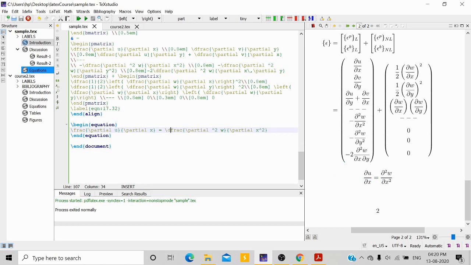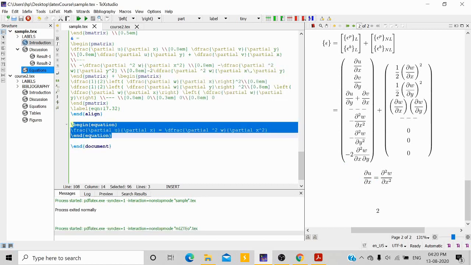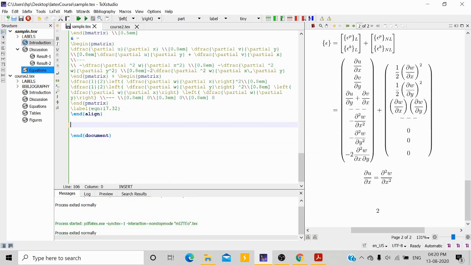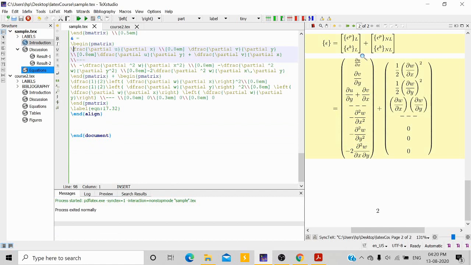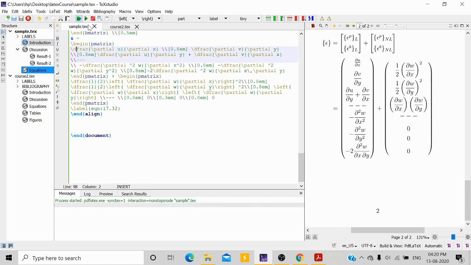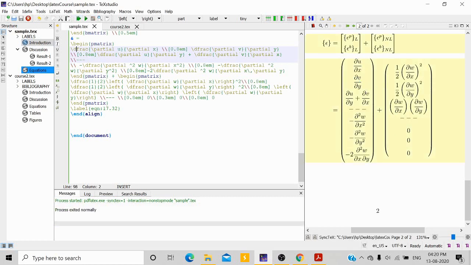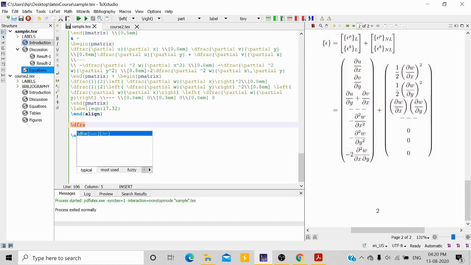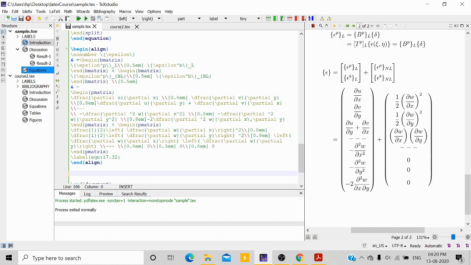Sometimes when you write this, let me show you here. If I'm just putting it as frac, what will happen? See, this becomes very small. That's why, if you put a dfrac, it becomes proper. So anything you can use, dfrac also you can use. Numerator, denominator, or frac. So this is what you can write down using p matrix.